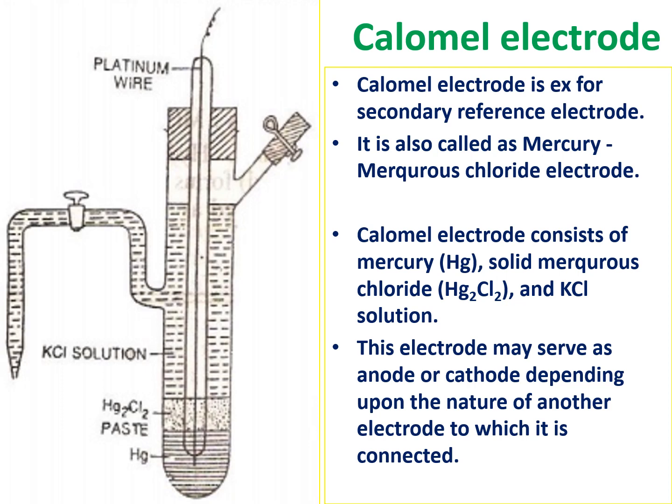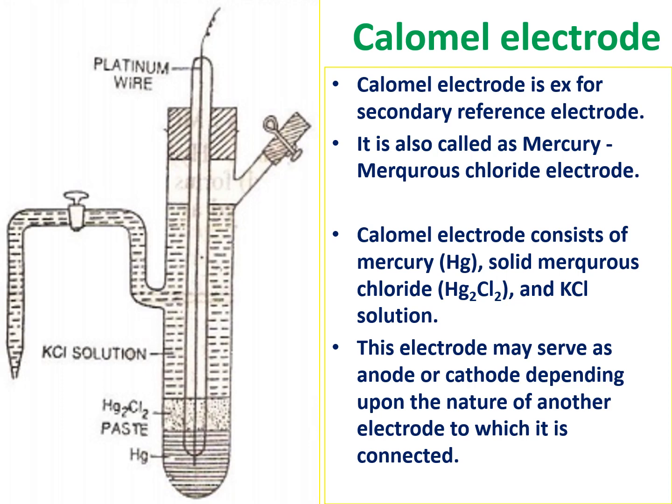When it acts as an anode, H2 gas is consumed, which means the pressure will drop, but we need to keep the pressure constant at 1 bar. When SHE acts as a cathode, H plus ions are converted into H2, which means the concentration alters, but it should not happen.